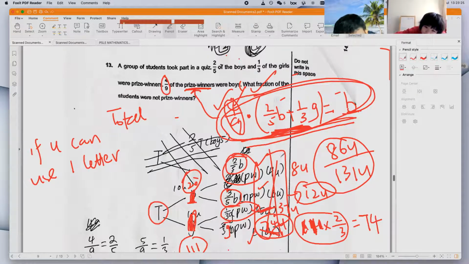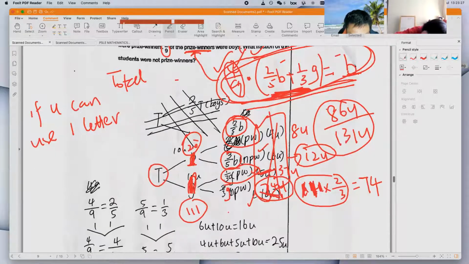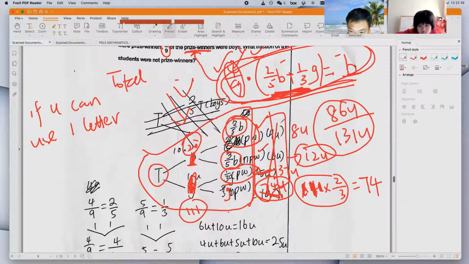Someone said my branch is wrong. No, the branch here is correct. This part is correct. But all the units here should come from this statement, I mean this equation.